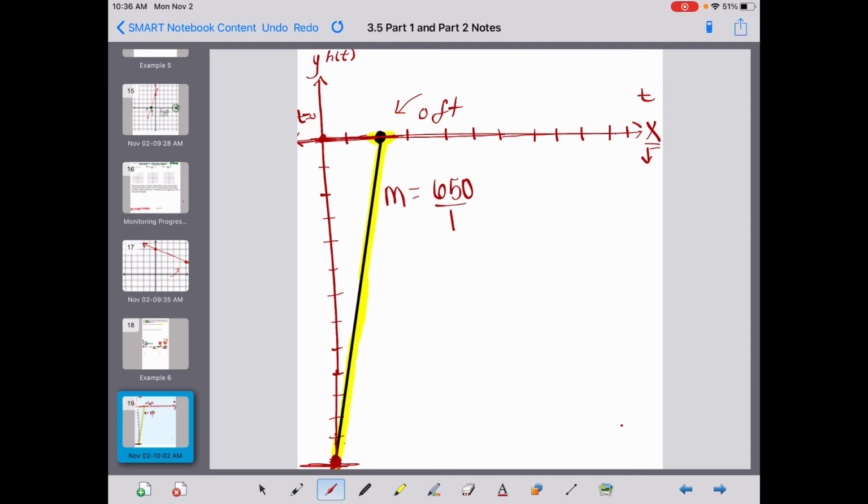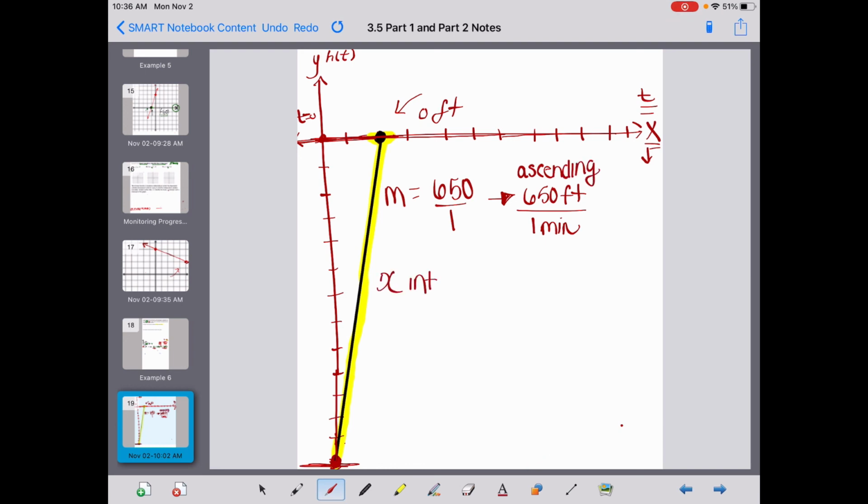What that means, that's our rate. That's how fast this submersible is going up or ascending. It's going up 650 feet per every 1 minute, because we're talking about t equaling time in minutes. And we'll write the word ascending.